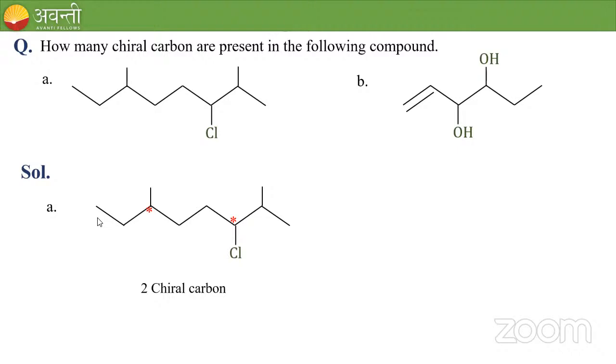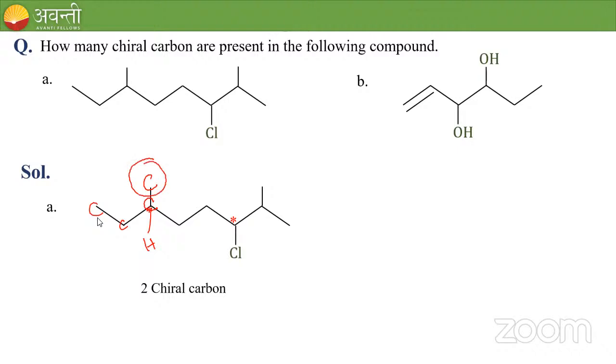So if I go for this carbon, if I take this carbon, it is attached with one methyl group here and ethyl group here. And we have one hydrogen because the carbon is having only 3 bonds around it. So the remaining is hydrogen. And we have one big group.